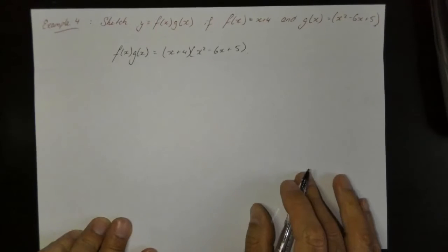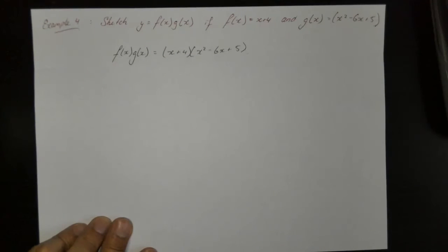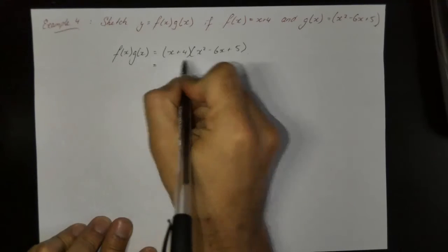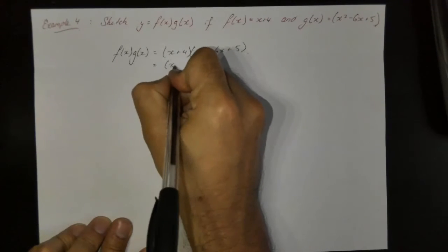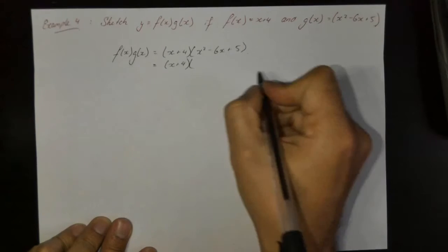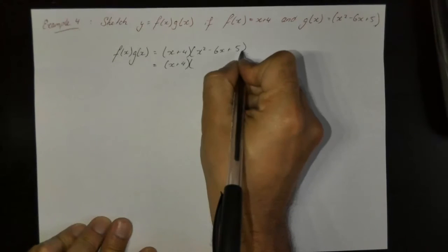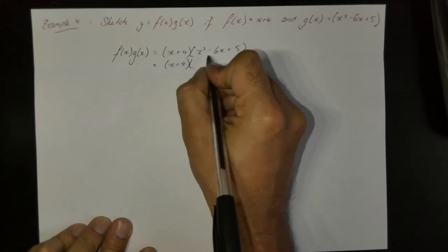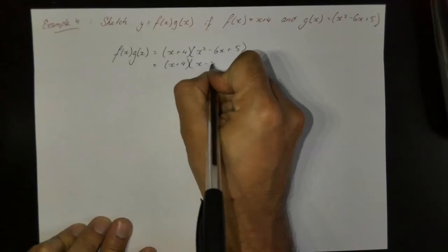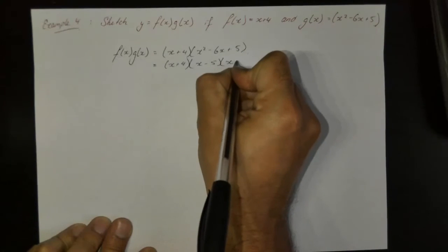Before I start to expand out and get a cubic, what I'm actually going to do is factorize this last part. So it becomes positive 5, so 2 negatives, so x minus 5, x minus 1.